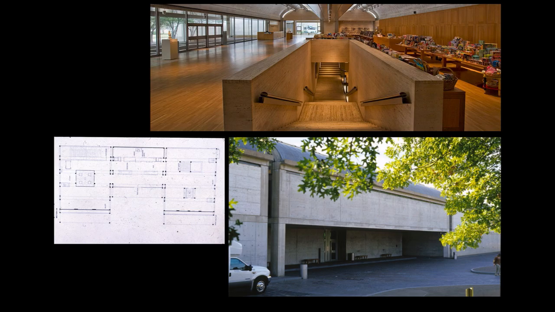And then from there, you're going to have to find your way to a staircase that'll bring you up to the main level, and then from there you can move around. That's the way that many people approach the building and enter into the building. But that's not the way that Kahn wanted you to enter into the building.